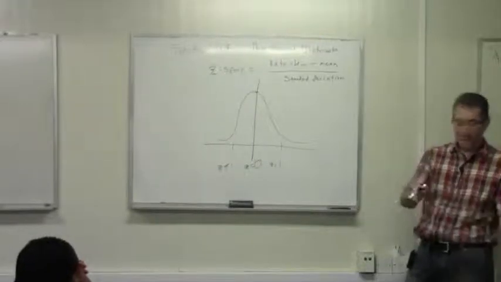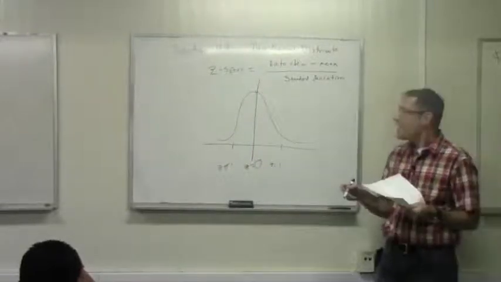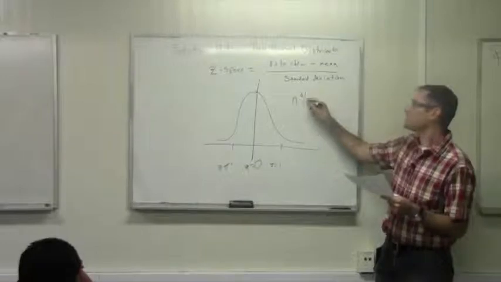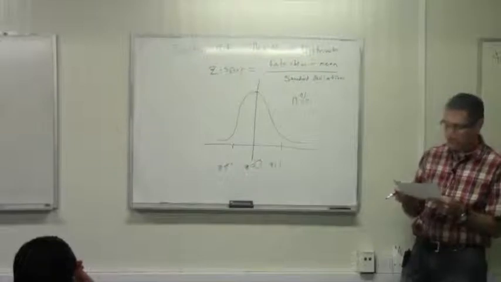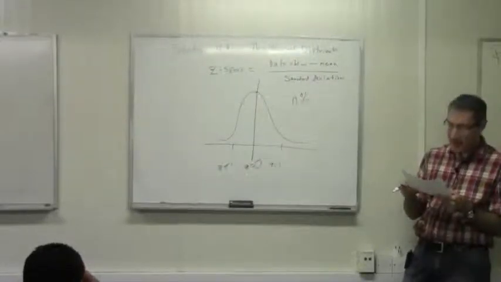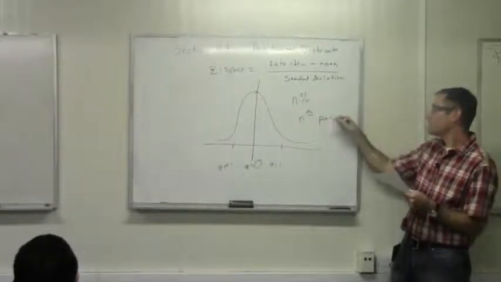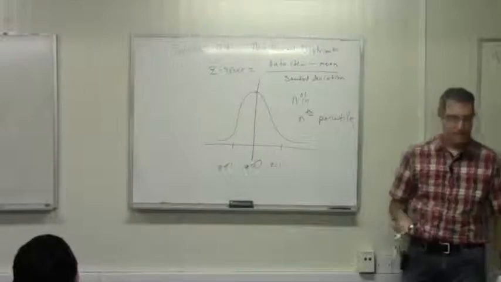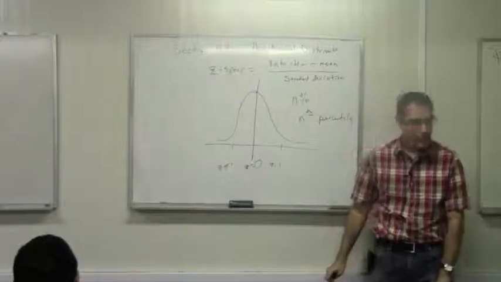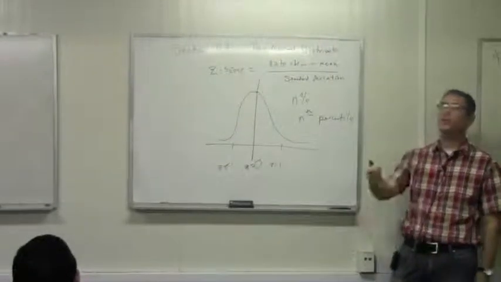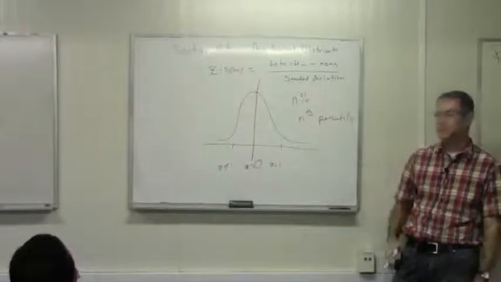The other measure is the thing that's on your formula sheet, which is the percentile. Okay? If 10% of items in a distribution are less than a particular value, then we say the data is in the nth percentile. If you do better than half the people, that means that 50% of the people did worse than you, meaning you are in what percentile? 50th percentile.